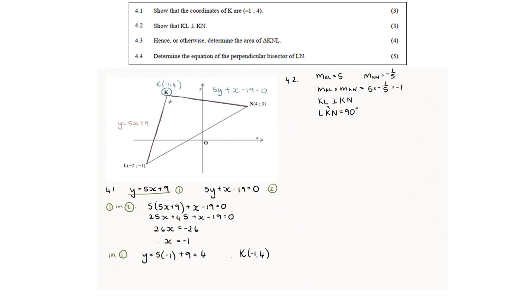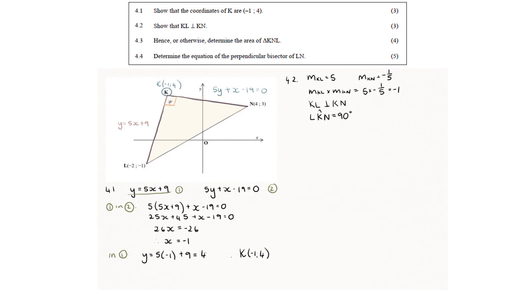Question 4.3. Hence or otherwise determine the area of triangle KNL. The equation for the area of a triangle is equal to half times base times perpendicular height. This is a right angle triangle, so the base and the perpendicular height will be KL and KN.